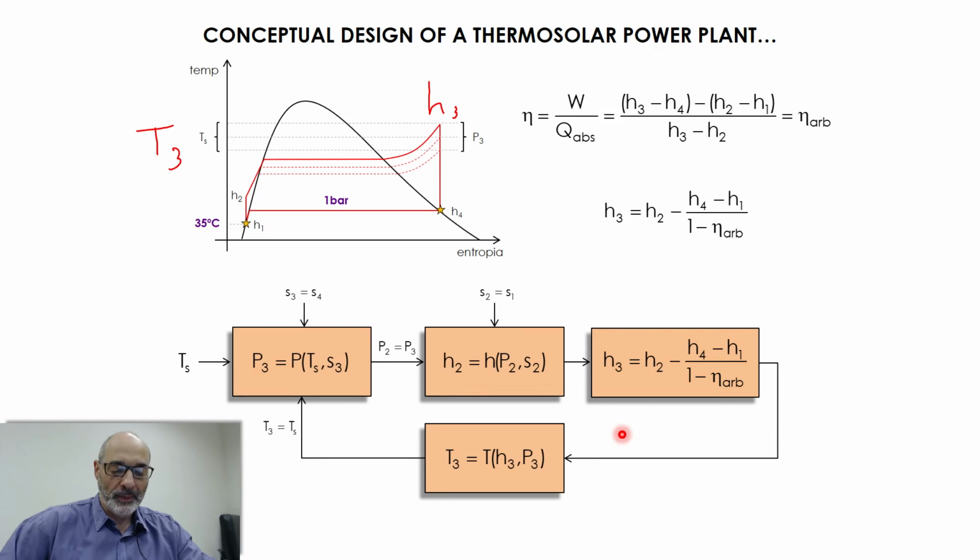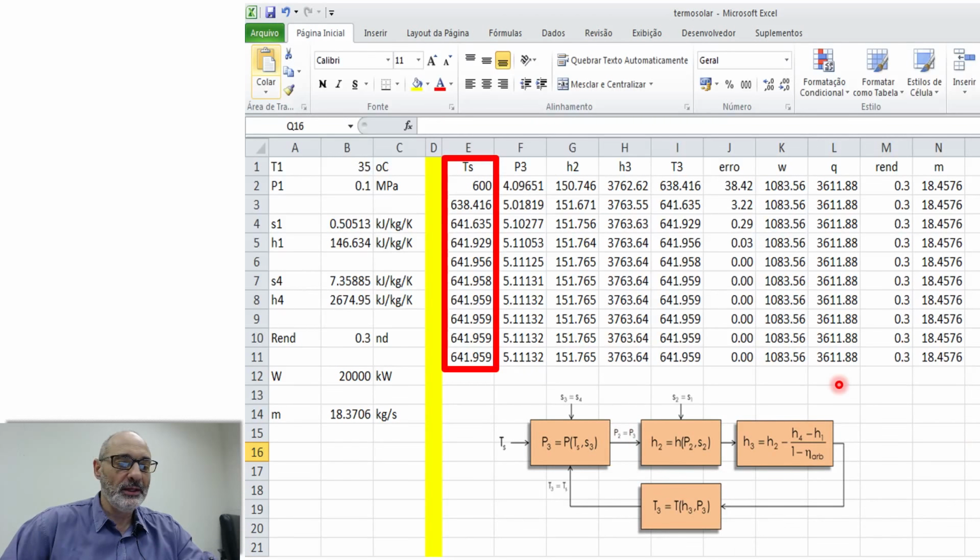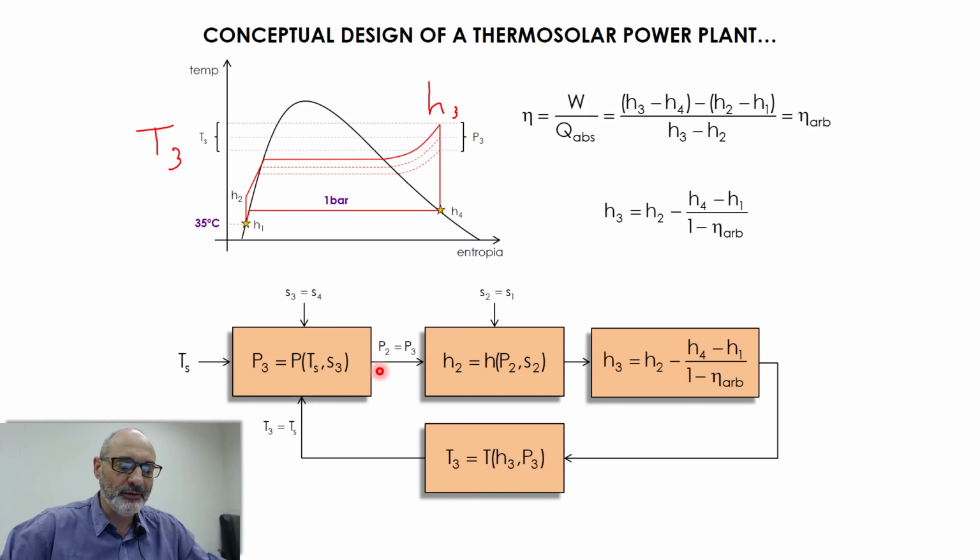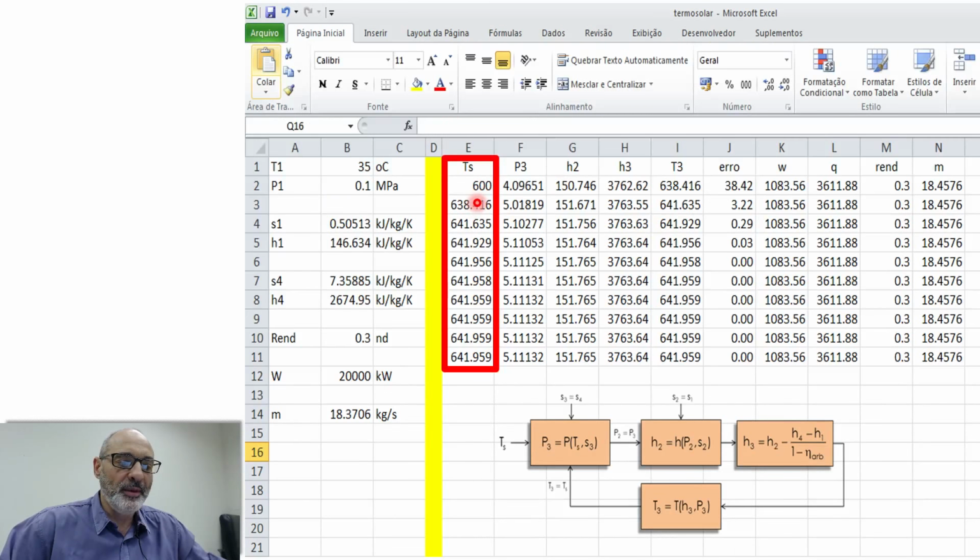So I can iterate this, and this can be done very easily. I have a spreadsheet here. Since I have a lot to say today, I'm not going to look at the spreadsheet, but I will publish it on the site so you can download it if you want to take a look at the calculations. If we perform this iterative calculation, you see I'm estimating 600 degrees here, and I end up with 641 or 642 degrees.